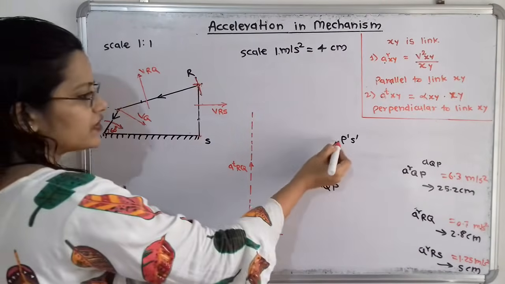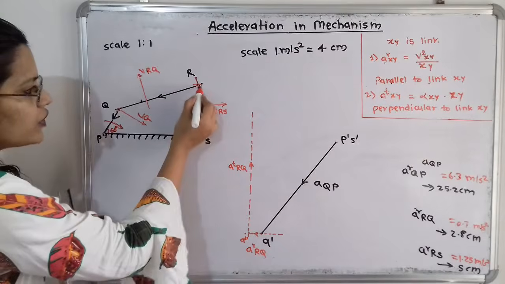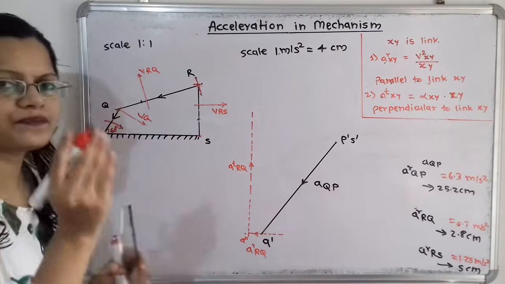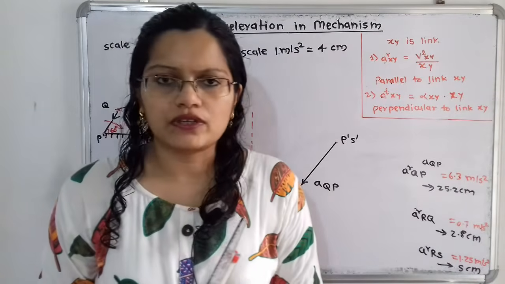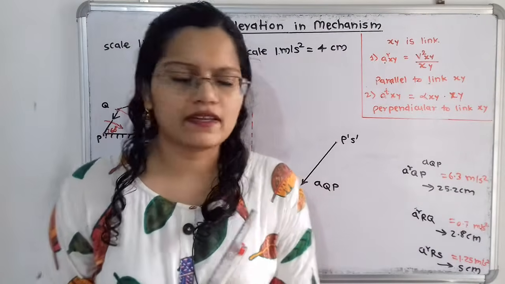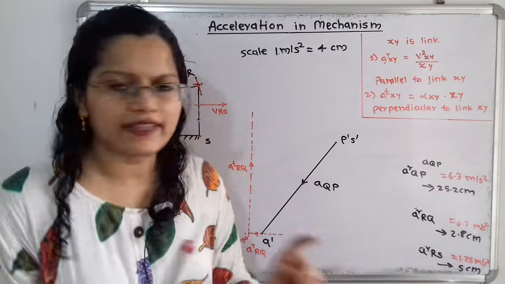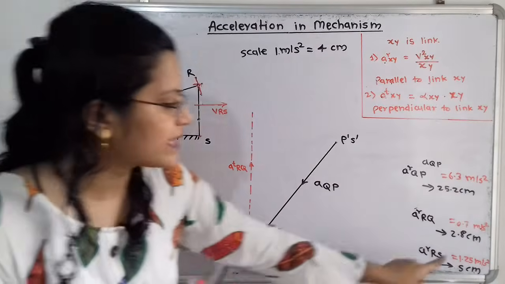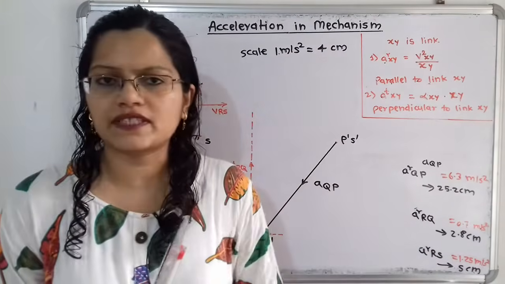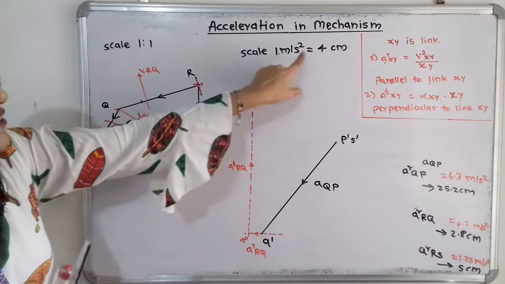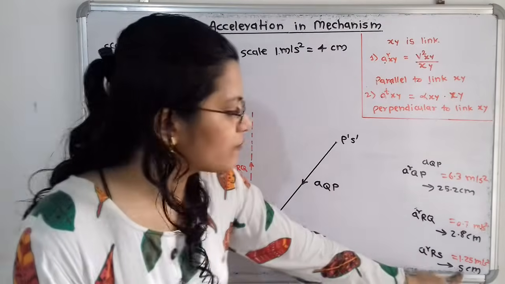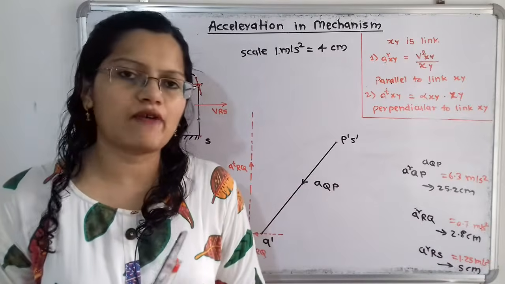So here is the fixed point S. Again we have to find the radial component. So here is the scale for the radial component. a raised to r RS we calculated earlier, that is 1.25 meter per second square. With this scale, 1.25 multiplied by 4 equals 5 centimeters that we have to take.